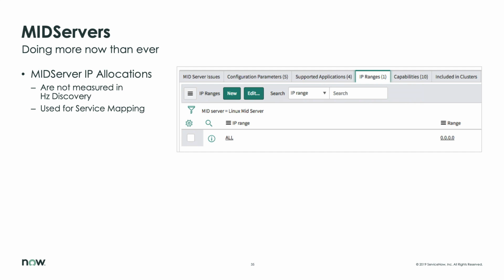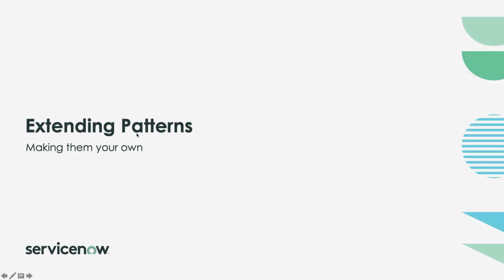So when the service mapping runs, it knows, oh, only this mid server can get to this IP. Discovery does not care about that. So you define what IP ranges are assigned to what mid server clusters at the schedule level. We don't care too much about this, but we do set them to all. So just take note of those little special caveats.